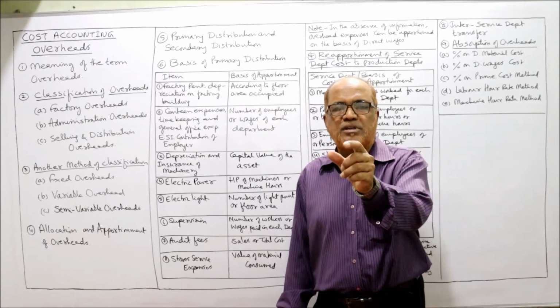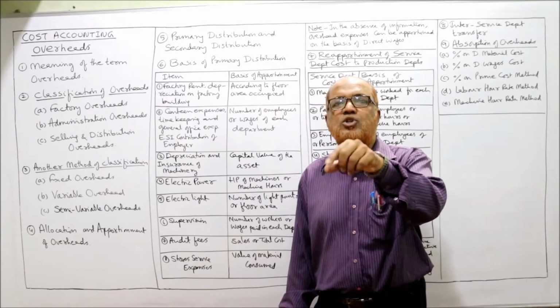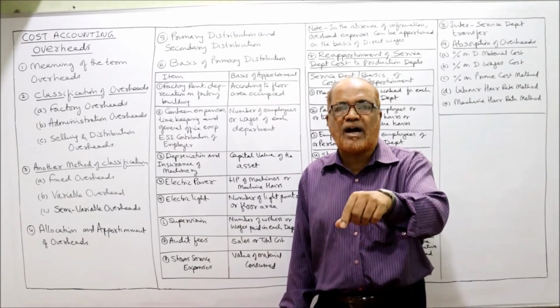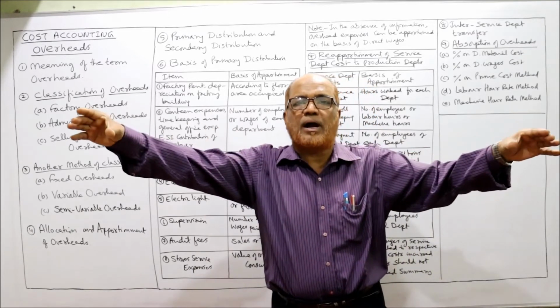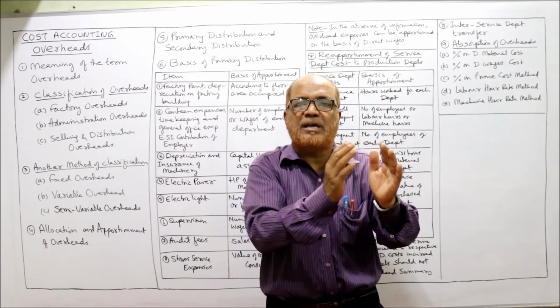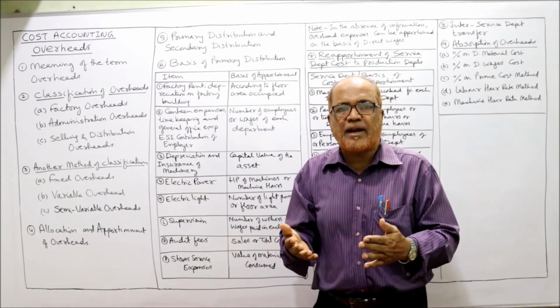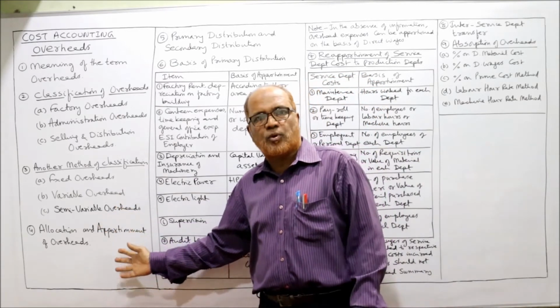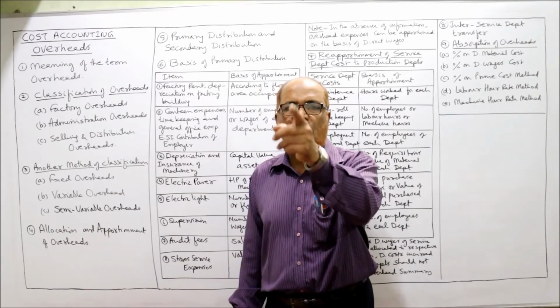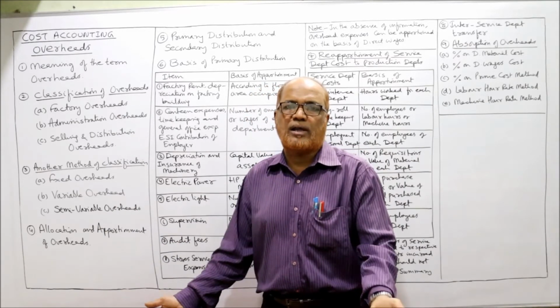So apportionment means a common overhead which should be allocated or divided between all the departments on some suitable basis. That is called apportionment. So I have explained you allocation as well as apportionment. Specifically charging overheads to a particular department is called allocation.